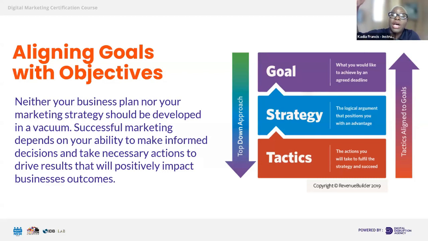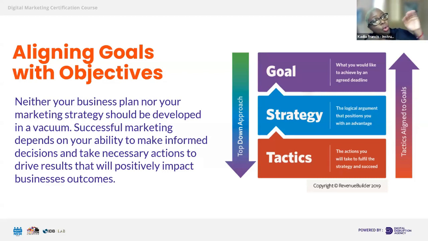So the top-down approach is that you start with your goals, what you would like to achieve and by when. And then from those goals, you're building out a strategy, the logical argument that positions you with an advantage.